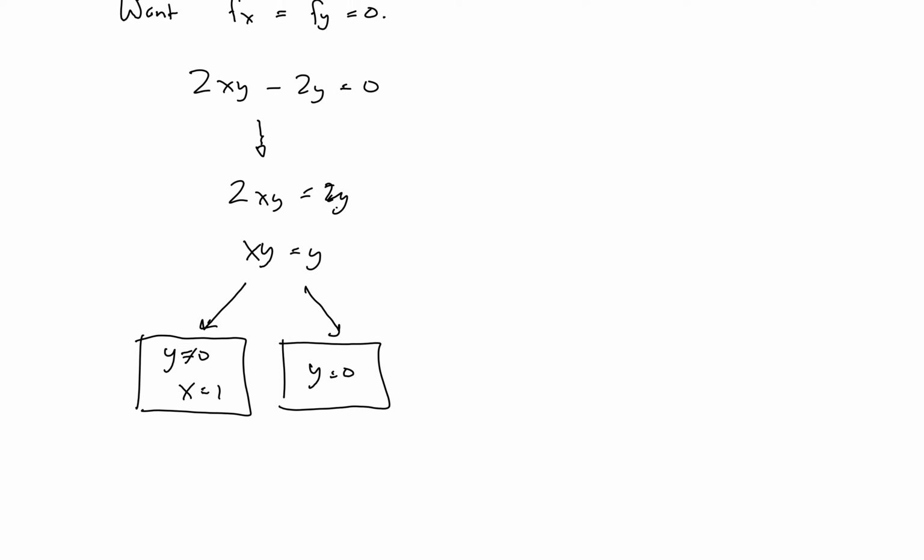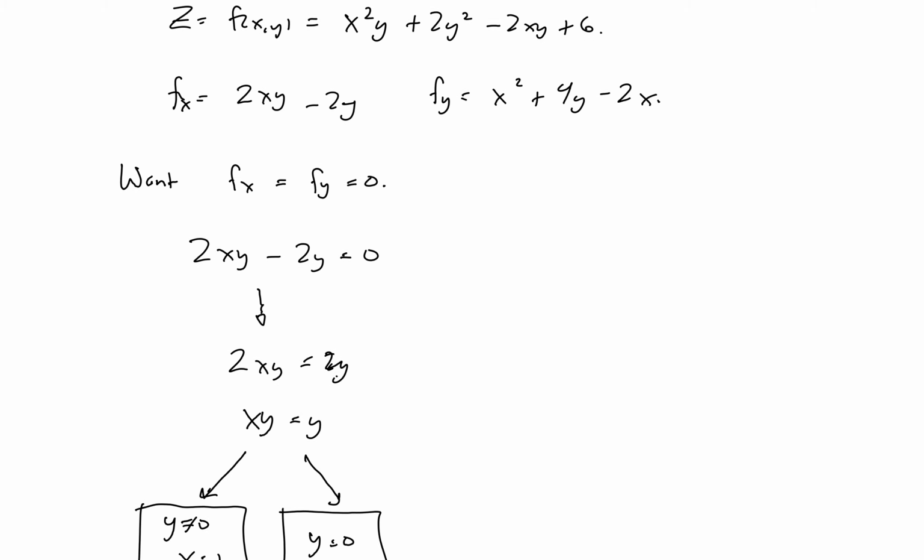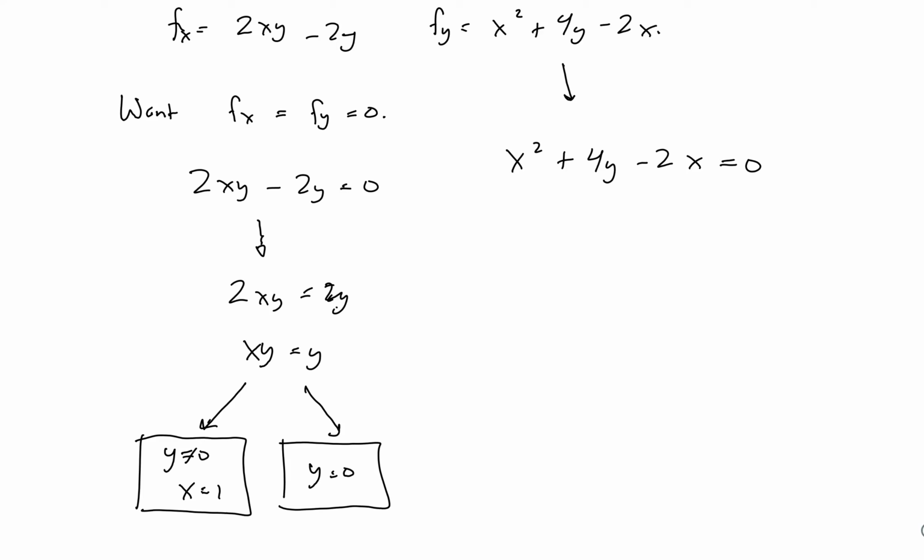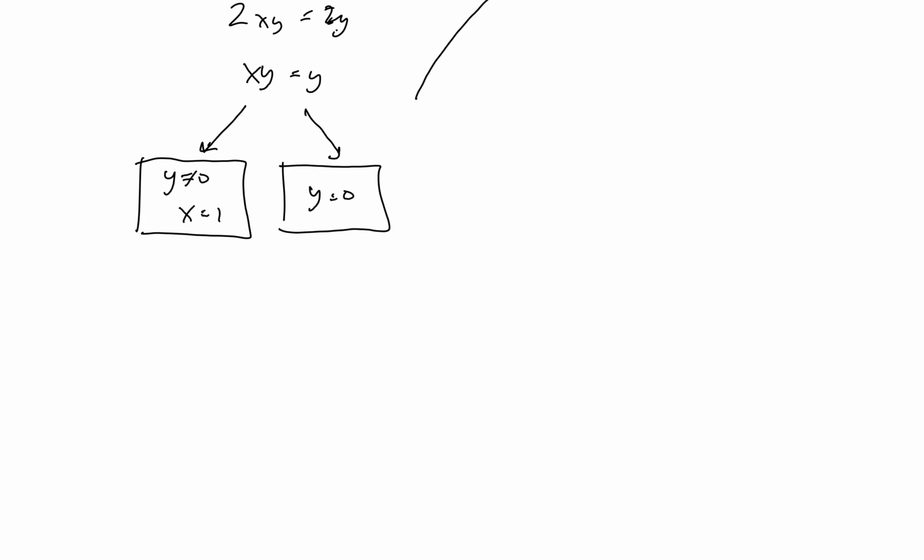Now let's look at the other one. So I want x squared plus 4y minus 2x is equal to 0. And now this is where we're going to use these equations down here to plug into this. I break into two cases here.